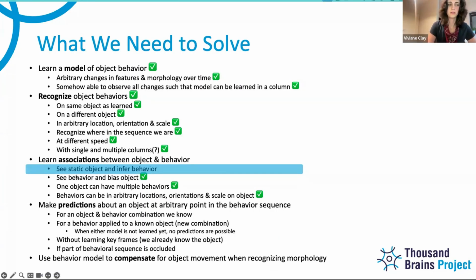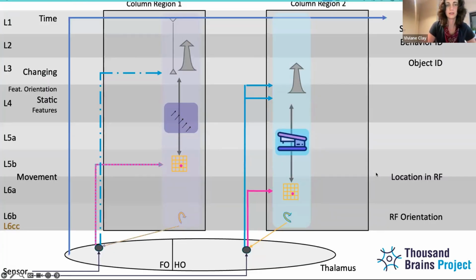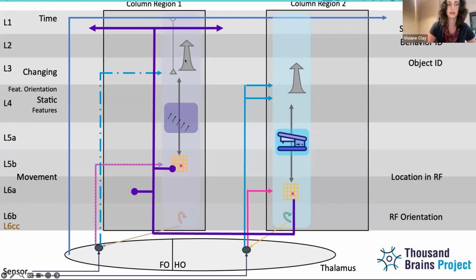We also want to be able to see a static object and infer behavior. So we see the stapler standing on the table and infer that it can move up and down. For that, again, we have the same setup, the stapler model here, the behavior model here. We could simply use the feedback connections where if we have recognized the stapler down here, we can inform the lower level column to sense the hinge behavior and also where to expect to be in that behavior's reference frame.